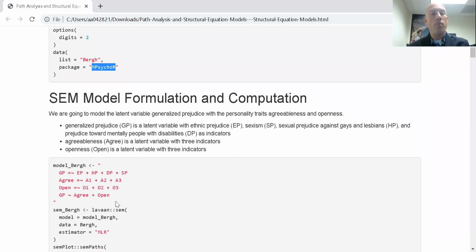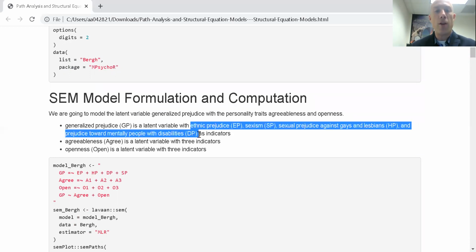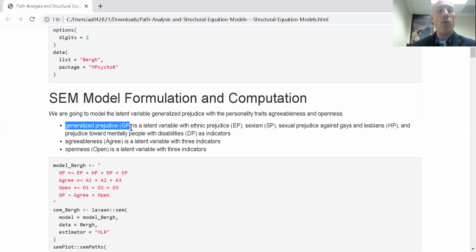What we're going to do is use these 4 indicators to connect to a latent variable of generalized prejudice. We're going to use the agreeableness indicators to connect to an under-the-hood personality trait of agreeableness.